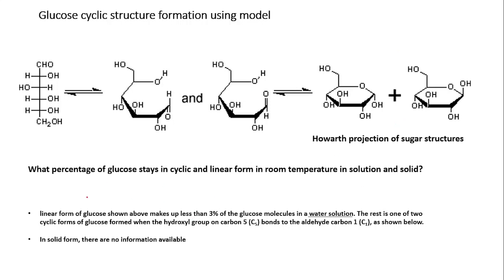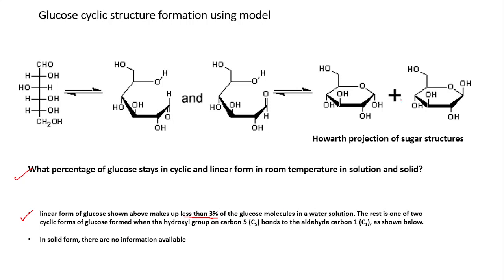Now, one important question is what percentage of the glucose stays in cyclic and linear form at room temperature in solution and solid. It is found experimentally that the linear form of glucose makes up less than 3% of the glucose in the water solution. The rest is one or two cyclic forms of the glucose.